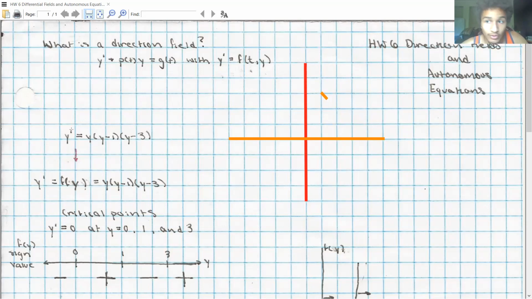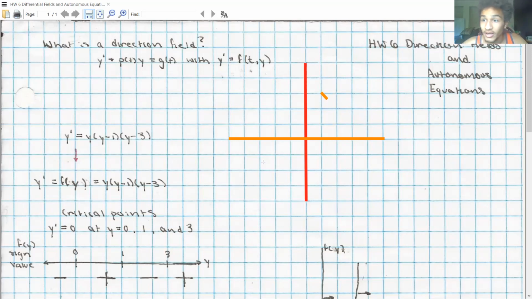Now we need to discuss our critical points. So what are critical points? Critical points happen whenever y prime is equal to 0. For our equation, we can see that y prime is equal to 0 when y is equal to 0, 1, and 3. We can plot this out on this line.